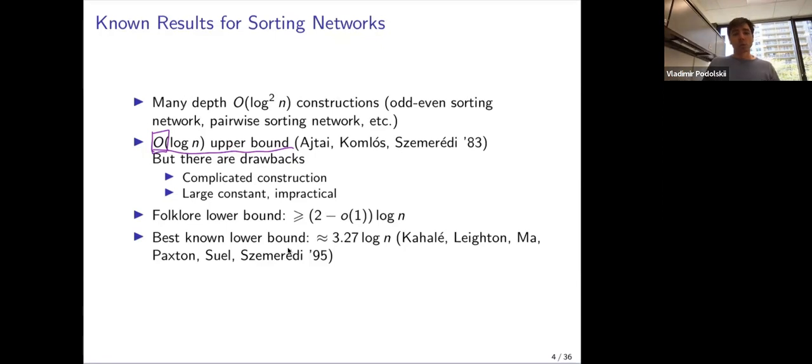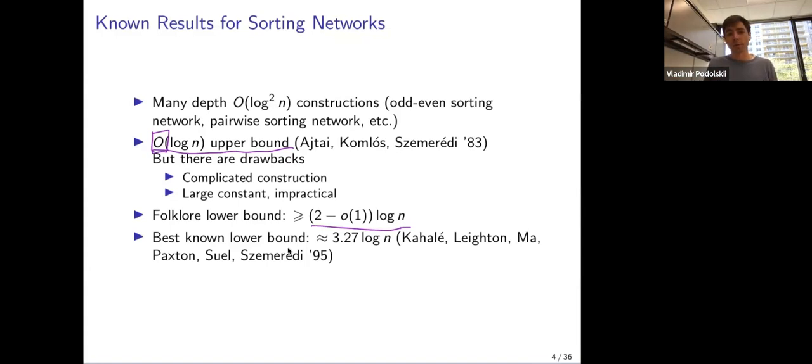Okay, so for the lower bounds, there is a very simple one. It says it's folklore, but it is basically an information theoretic argument. To sort n numbers with a comparison-based algorithm, it is well known that you need n log n comparisons, because there are n factorial possible permutations of the input, and you have to sort whichever one you get.